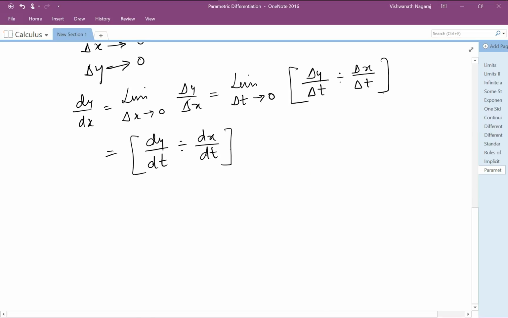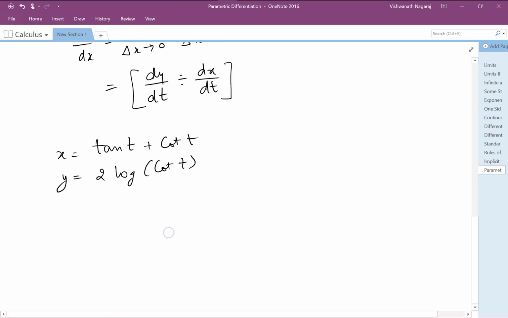Let's look at the example we were looking at in the graph. So x is equal to tan t plus cot t, y is equal to 2 log of cot t. So dy by dt, and you should have practiced enough so that you can just do it. So 2 times 1 by cot t.